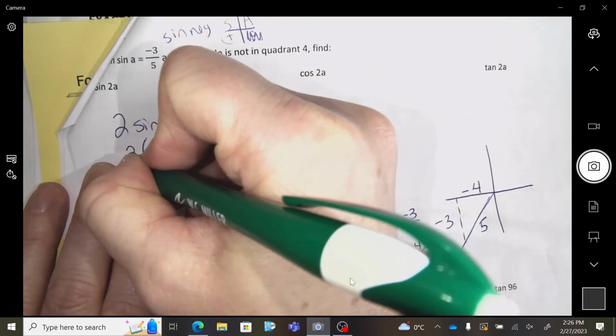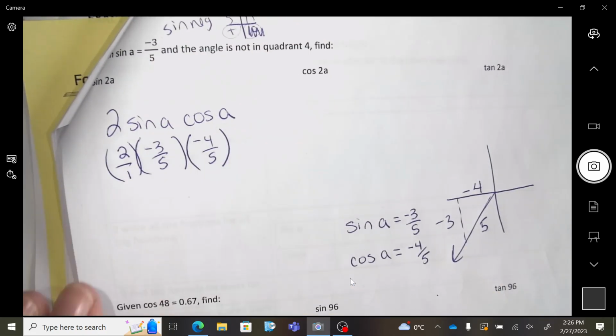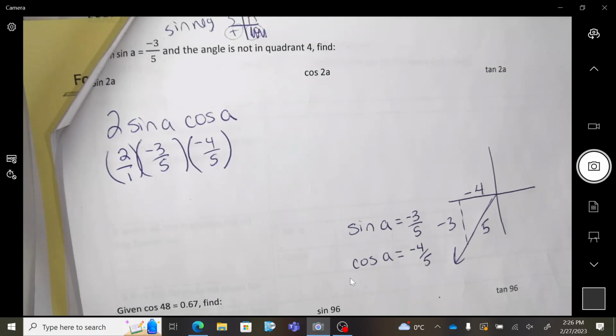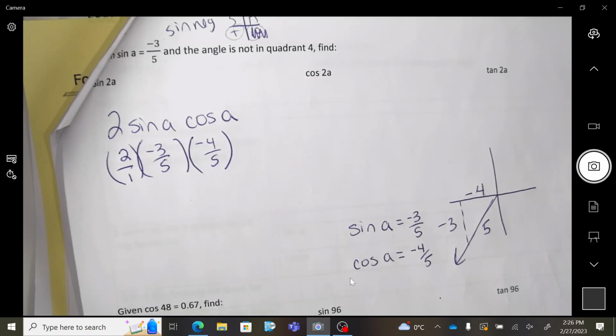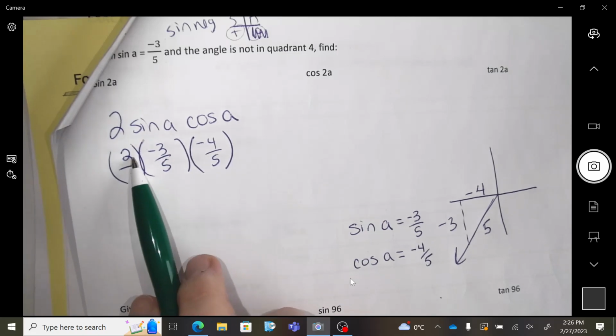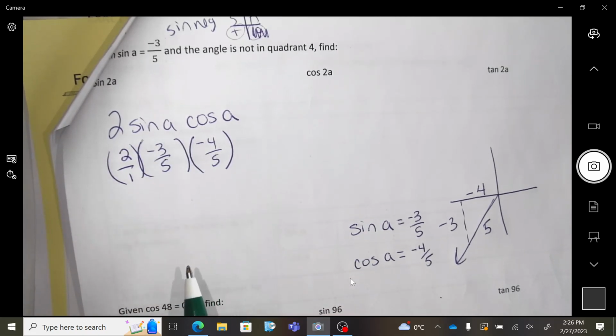And just to help us out, I suggest writing the number 2 as 2 over 1, just to line up everything with a fraction. So the whole fraction comes out to be what times what times what? What does that top number come out to be?